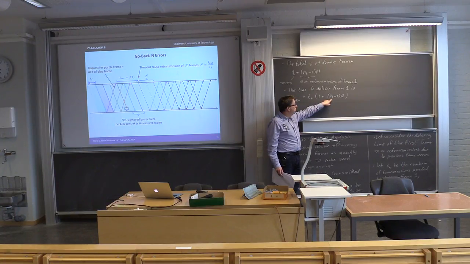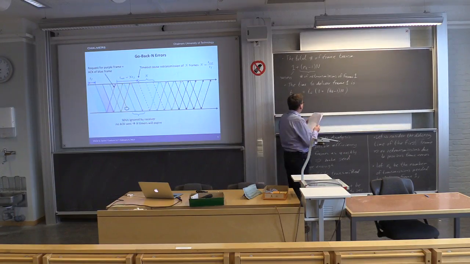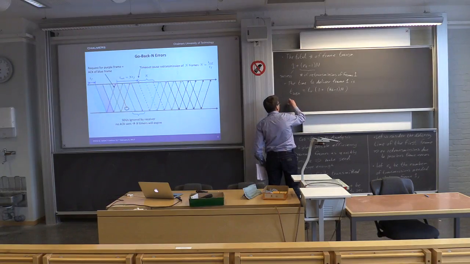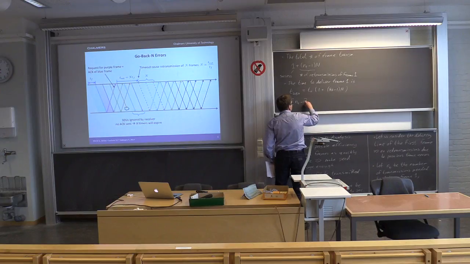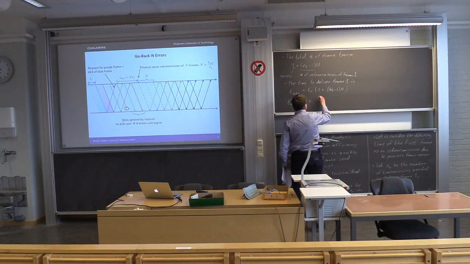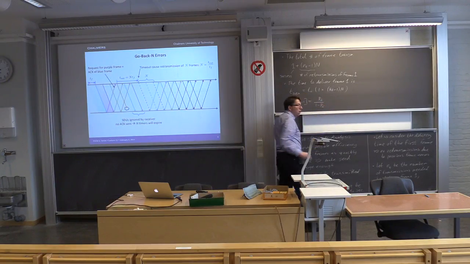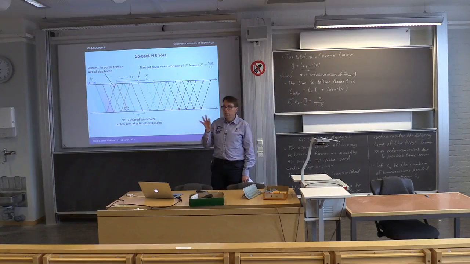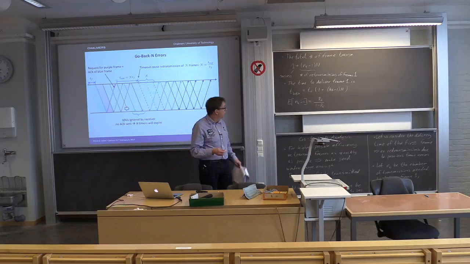So it's a random variable, and we had that random variable in the last lecture also. So if we assume that frame transmissions are independent of each other and they fail with probability Pf, we know that the expected value of Nt minus 1 depends on the frame error probability as follows. It's Pf divided by 1 minus Pf. Okay. So this we did in the last lecture, so I won't repeat the derivation of it.